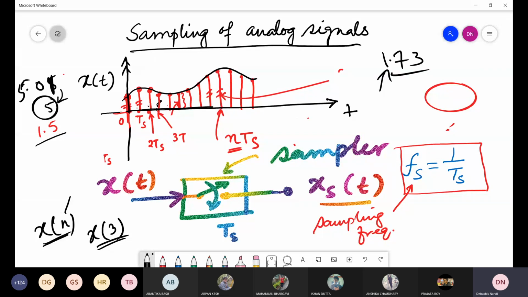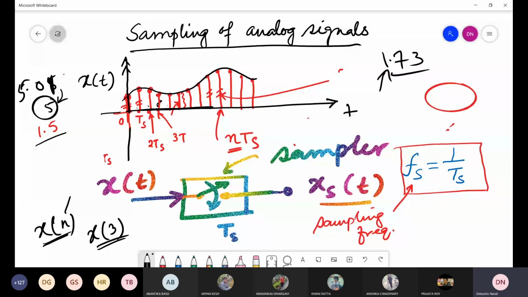I don't want to go far behind this concept in this chapter. Later, if time permits, I will discuss a little bit more on this particular quantization technique. So what I want to say is that this is the simple sampling process of an analog signal.